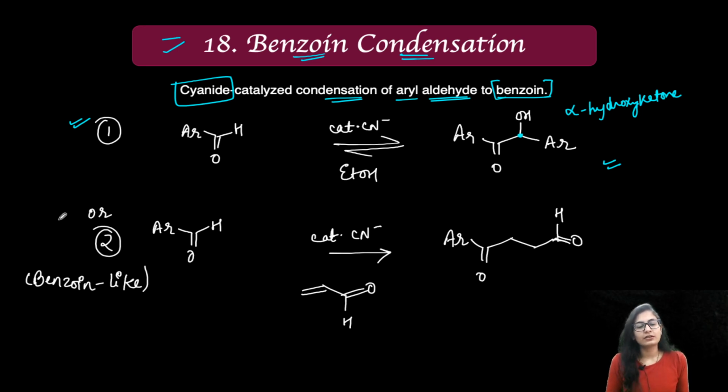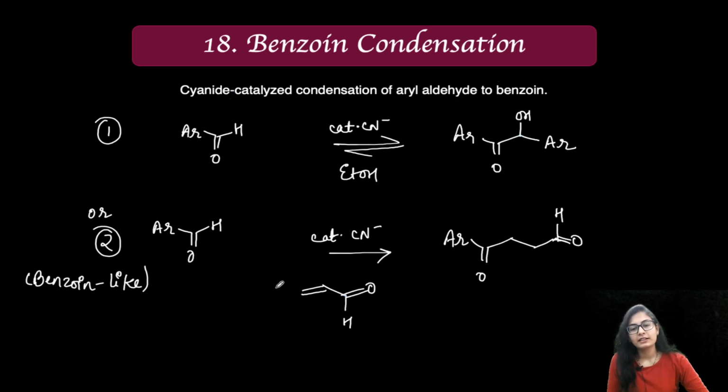Also there is a variation of the benzoin condensation, which is basically just one difference, that you can have the alpha beta unsaturated aldehyde. Normally you see the self condensation or the cross condensation, but here you are having a benzoin like reaction in which the nucleophilic attack is not directly on the carbonyl carbon, rather it is on the alkene carbon, or basically it is the conjugate addition which is going to give you a product like this.